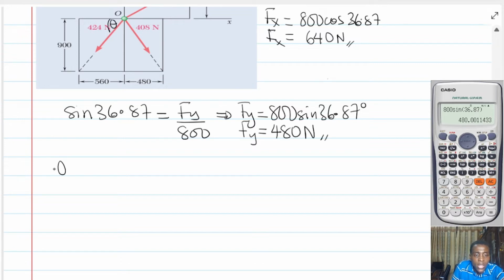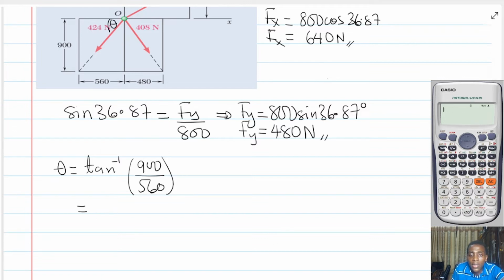So this theta is going to be tan inverse of the opposite, which is 900, on the adjacent, which is 560. So let's pick our calculators. Tan inverse of 900 on 560, what is that? I'm going to get 58.109 degrees. Okay, so I'll do the same thing.